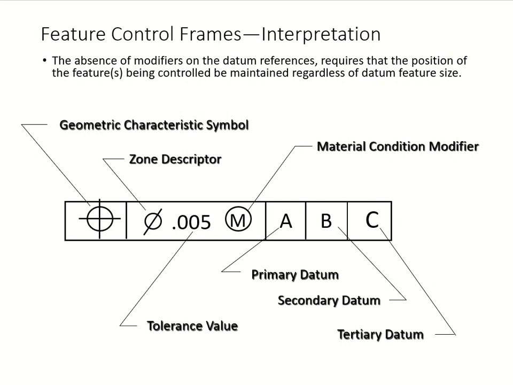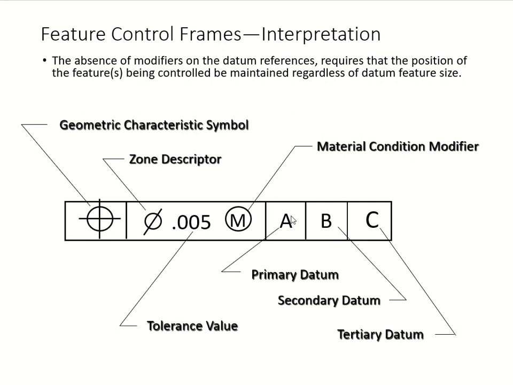All right, next one, we're dealing with this control frame, and here we have our tolerance value. We have your material condition modifier, in this example going with the max, and your primary, secondary, and tertiary datums A, B, C right there. And we have no material condition modifier on any of the datums.